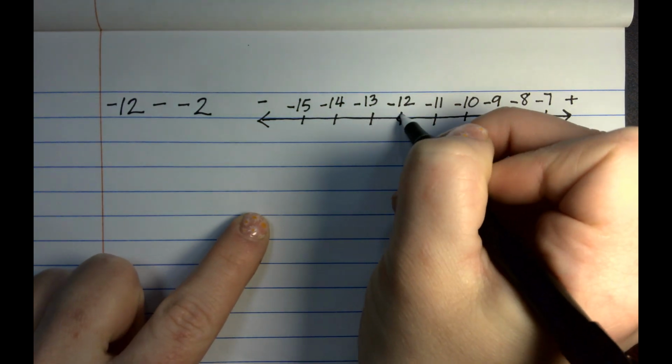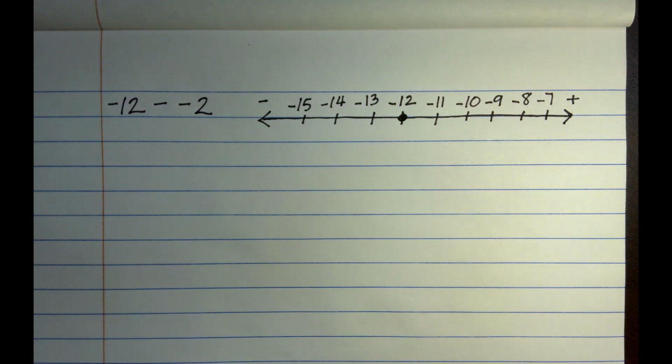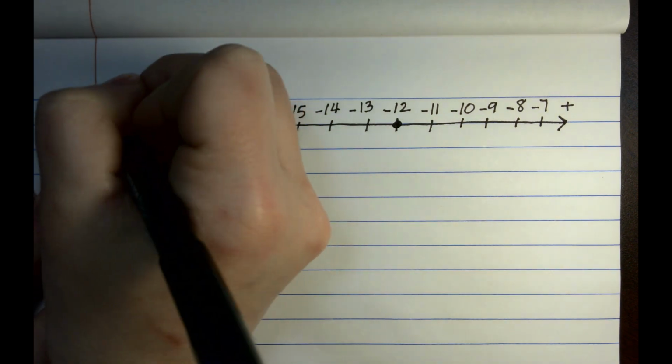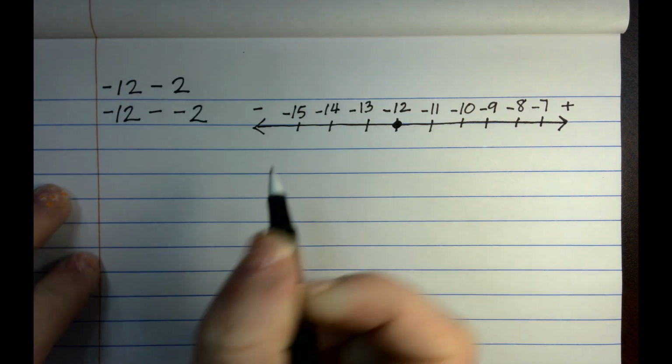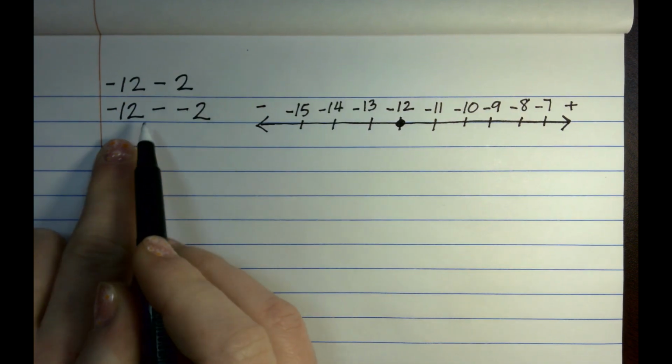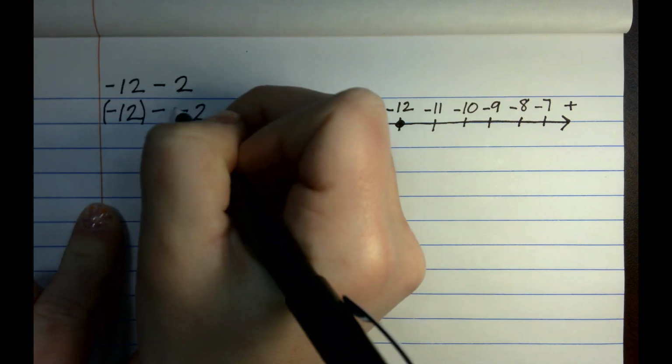Okay, here's our starting point, negative 12. And let's look at the difference here. We have negative 12 minus 2 versus negative 12 minus negative 2.